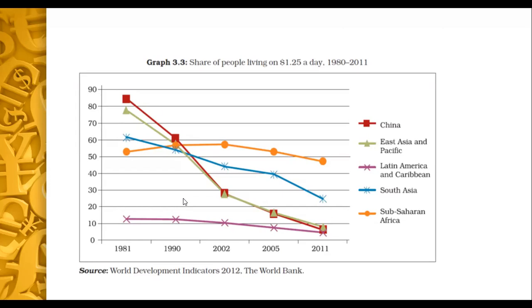And in countries of South Asia, that is India, Sri Lanka, Nepal, Bangladesh, Bhutan, the decline has not been so rapid. Despite the decline in the percentage of poor, the number of poor has declined marginally from 61% to 36% because of different poverty line definition.